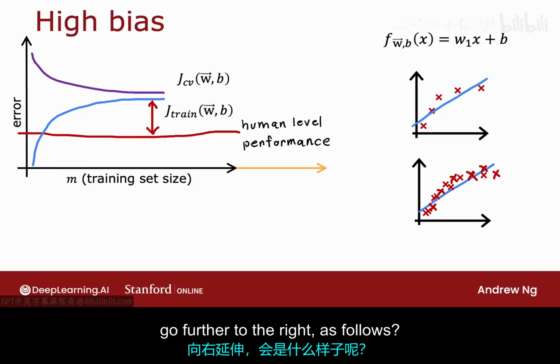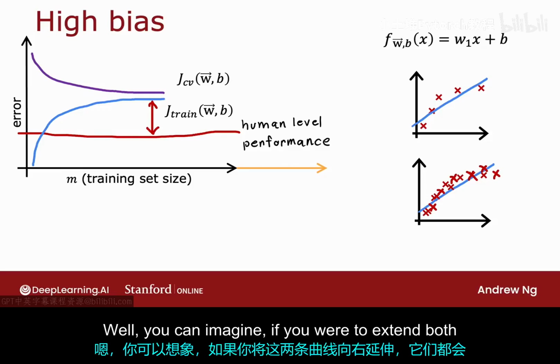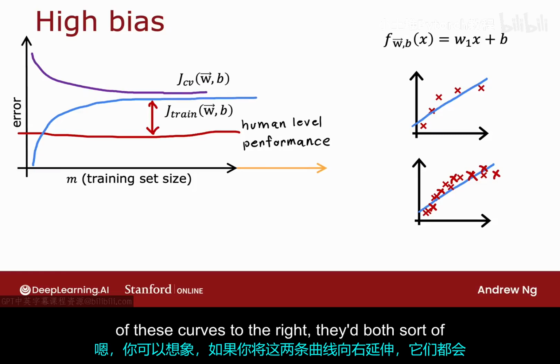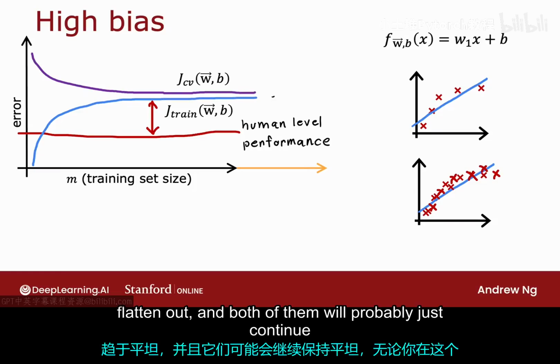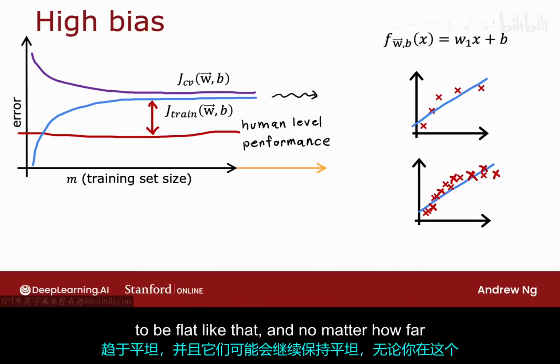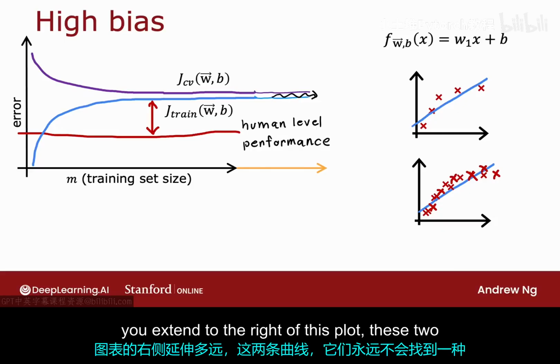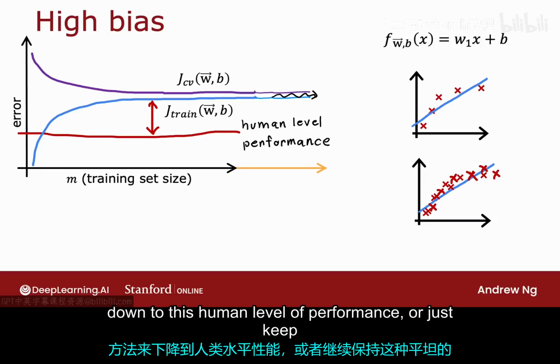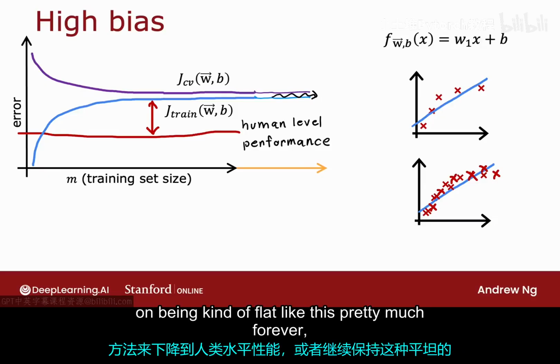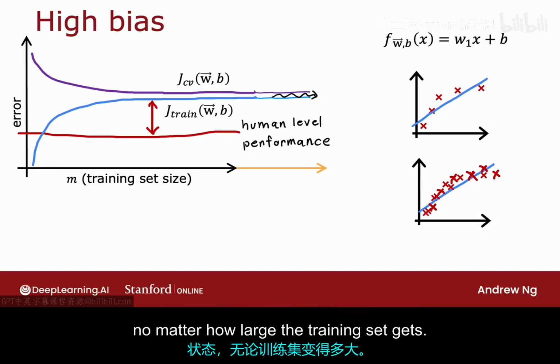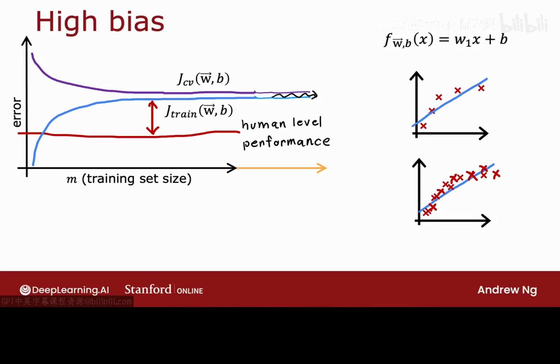Well, you can imagine if you were to extend both of these curves to the right, they both flatten out and will probably just continue to be flat like that. No matter how far you extend to the right of this plot, these two curves will never find a way to dip down to this human level of performance. They just keep on being flat like this pretty much forever, no matter how large the training set gets.